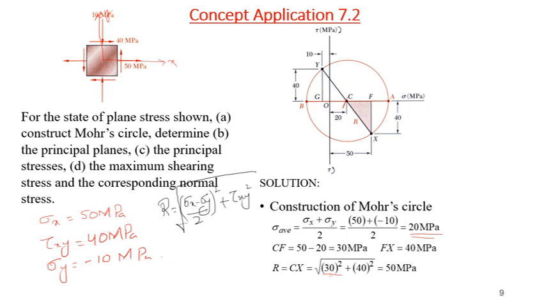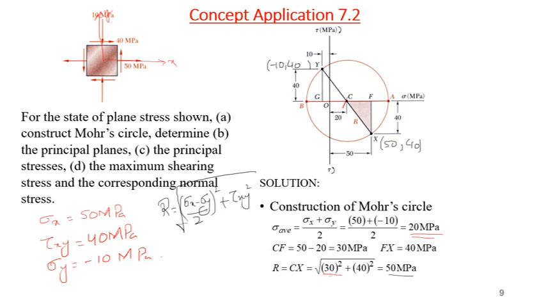So sigma x minus sigma y, that will become 50 minus 10, 60, divided by 2, that will become 30, and tau xy is 40, so 40 squared, so the radius becomes 50. So you have a center and a radius of 50, you will draw a circle. And this X point will give me the stresses, that will be 50 megapascal and 40 megapascal. And this Y point will give me the stresses, that will be minus 10 and 40.